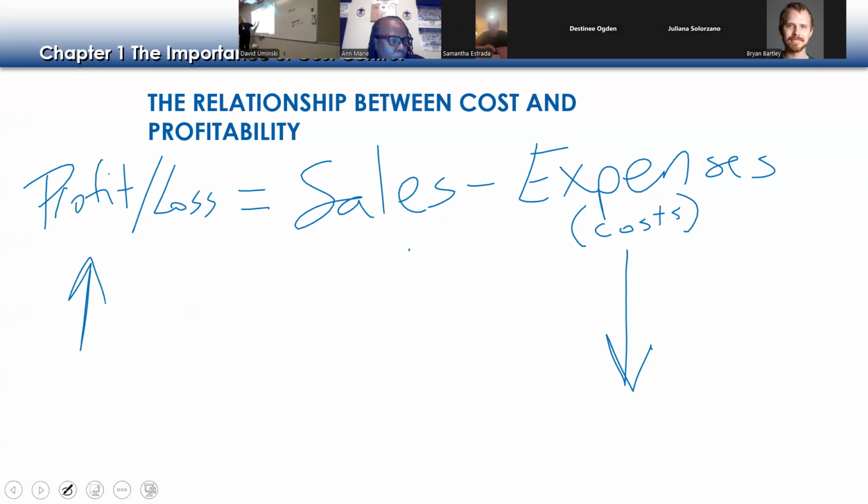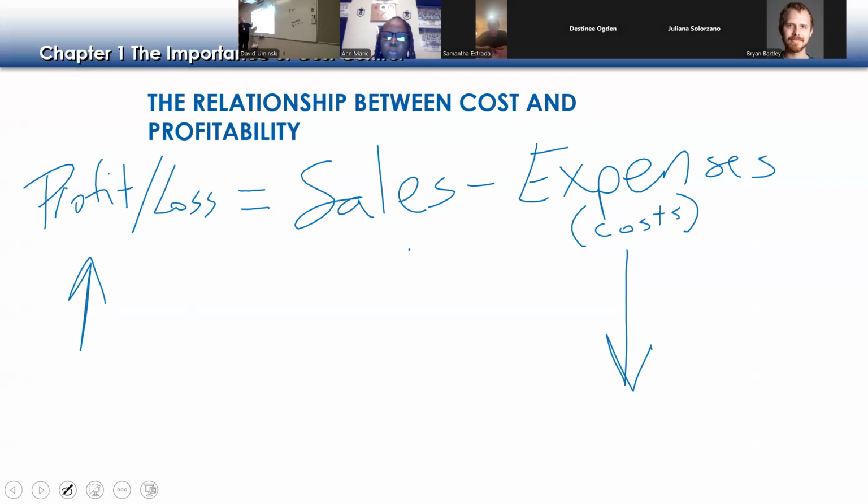Okay. If we have $100,000 in sales, and my expenses in January were $10,000, what would be my profit? Let me take that back, I'm going to flip that. My sales were $100,000. My expenses were $60,000. What's 100 minus 60? I got $40,000, right? Well, in February, if I can control my costs better, maybe I get $100,000 in sales, control my costs and bring them down to 30,000, and that means my profit goes up, right?